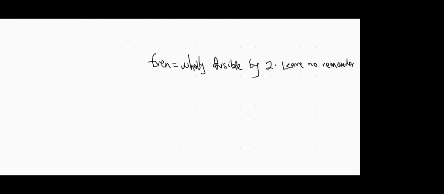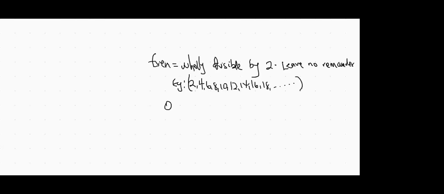What is more important is for us to be able to give examples of such numbers. Examples of even numbers: 2, 4, 6, 8, 10, 12, 14, 16, 18, and so on, right?